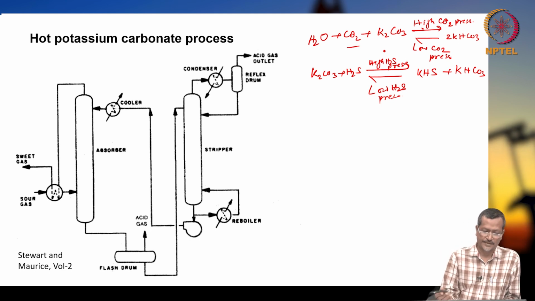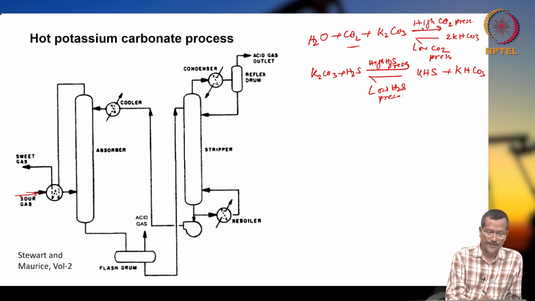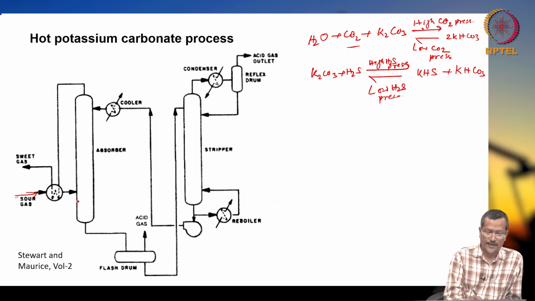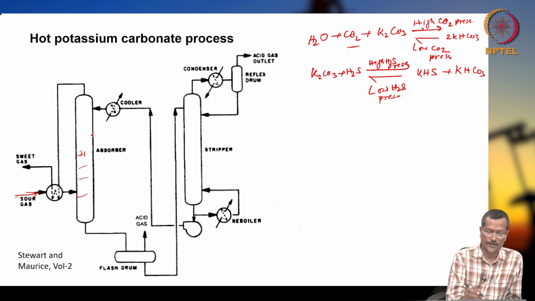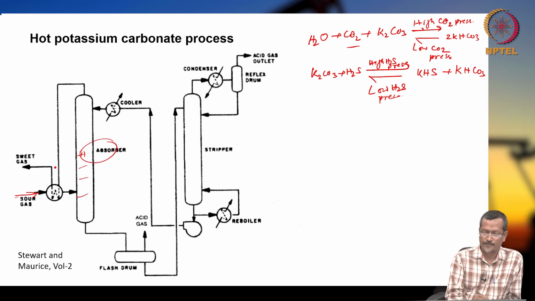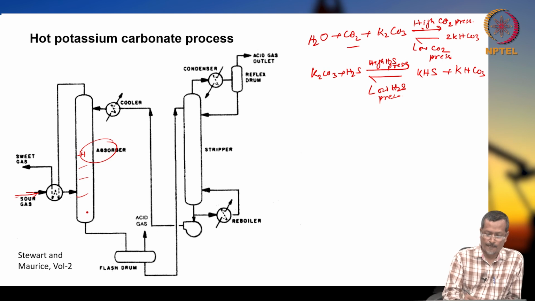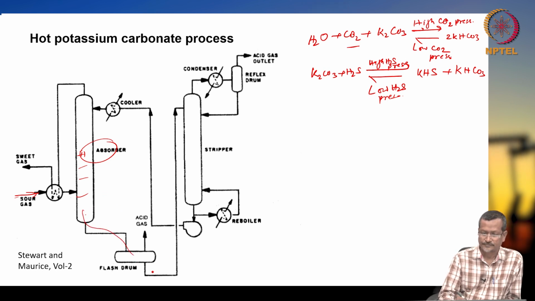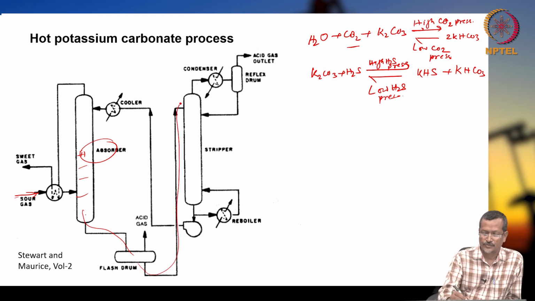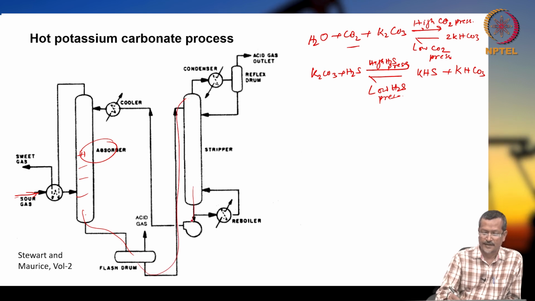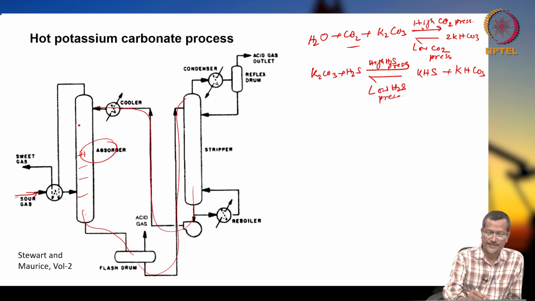So, process is like this. You see this sour gas is coming, and you are putting into your absorber column. There will be again contactor column type thing. This is absorber column, and the gas is coming like this. It is going to stripper channel, again pumping, cooler, mixing up.